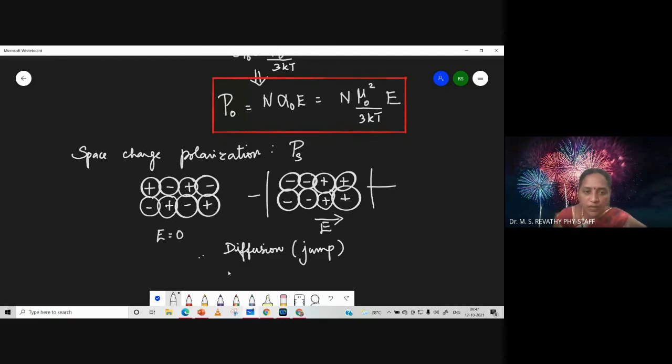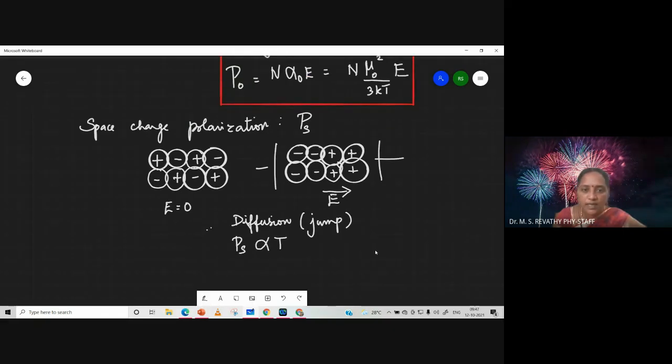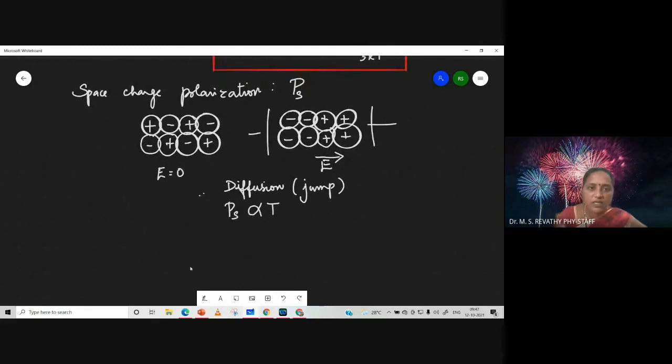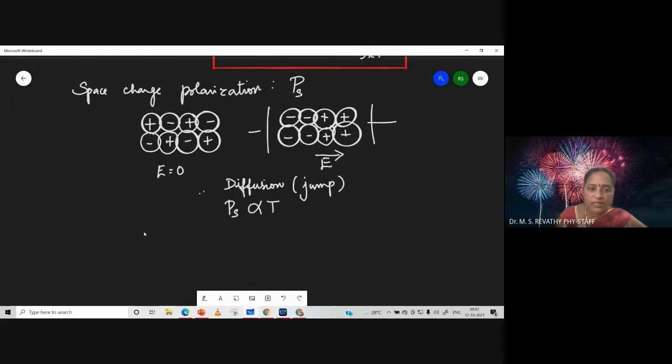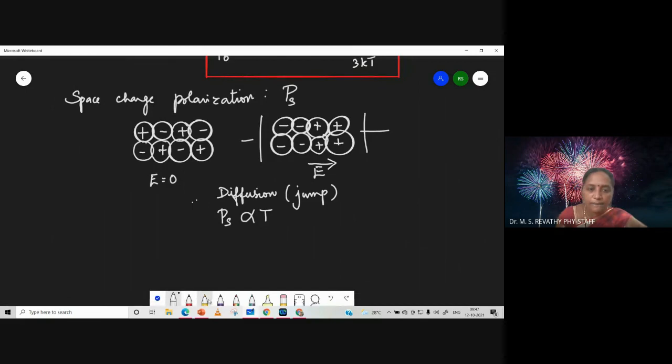This space charge polarization is directly proportional to the temperature. Hence, if you keep increasing the temperature, the space charge polarization will also increase. This type of polarization takes place in semiconductors. The best example for space charge polarization is semiconductors, because as you increase the temperature, electrons and holes are created.